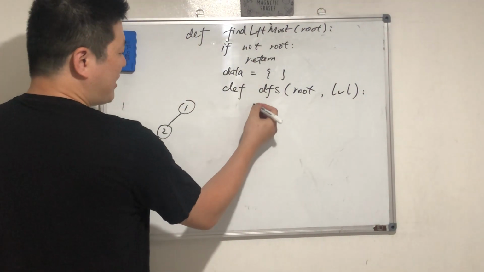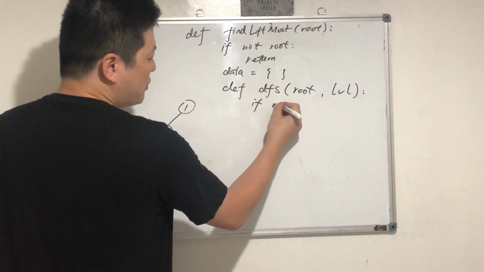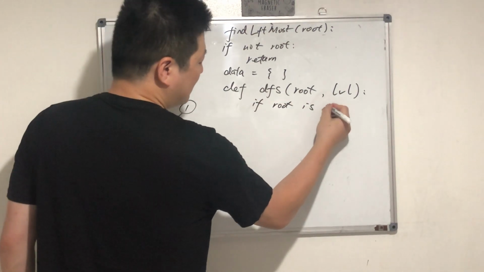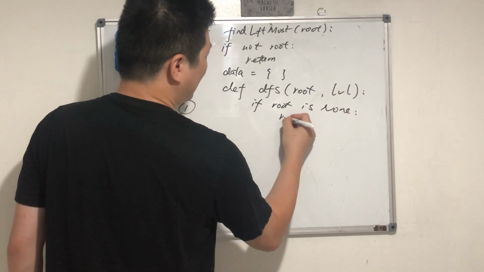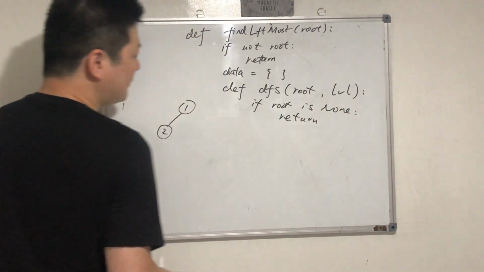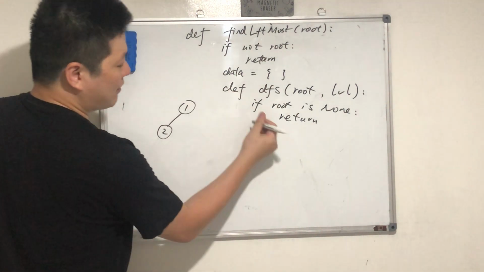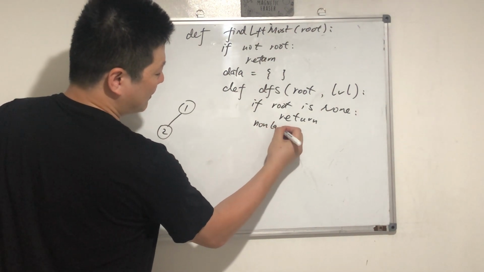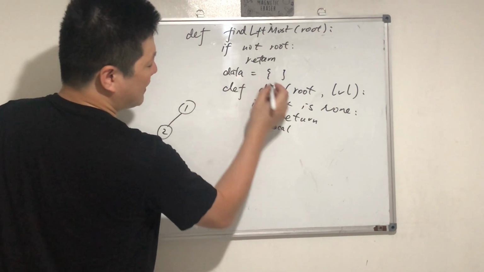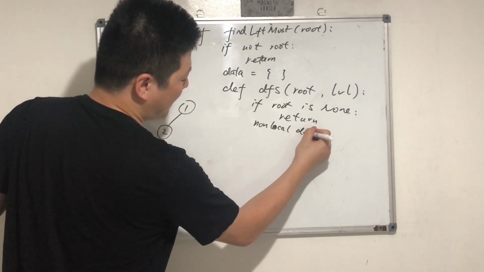Okay. Now look, if root is none, we just return. Then here I want to access this, so I need to put a nonlocal keyword to say I want to update the value in here, data.